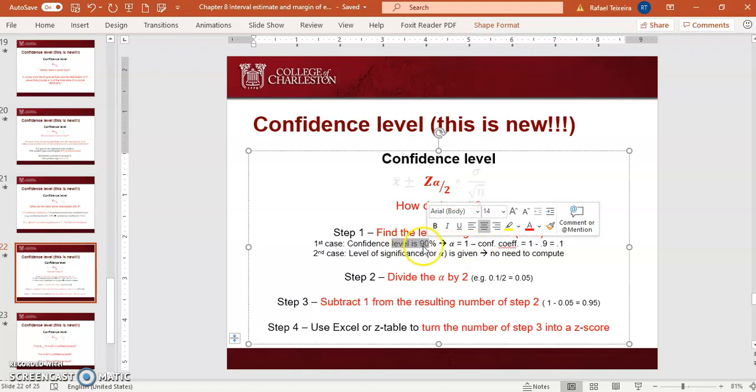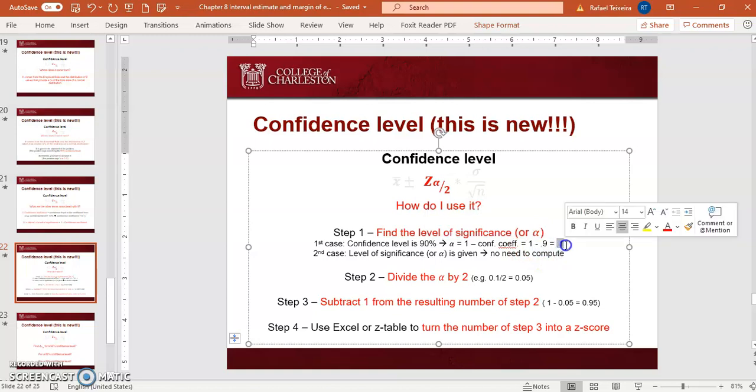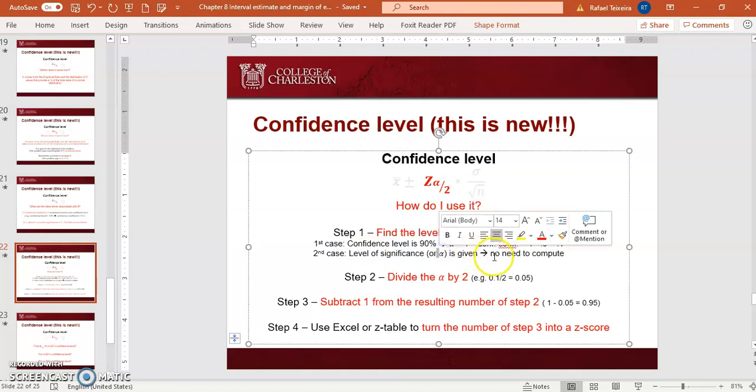So this confidence level of 90% has a coefficient of 0.9. 1 minus 0.9, your alpha is 0.1. Sometimes the level of significance, or alpha, is given in the problem, so you don't need to compute. Then you divide the alpha by 2. Then you subtract the resulting number from 1, and then use Excel to find the z-score associated with that. Let me show you in an Excel file.